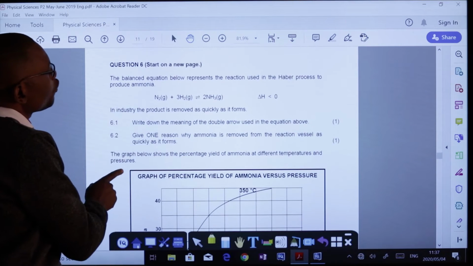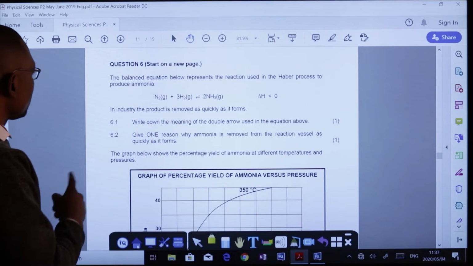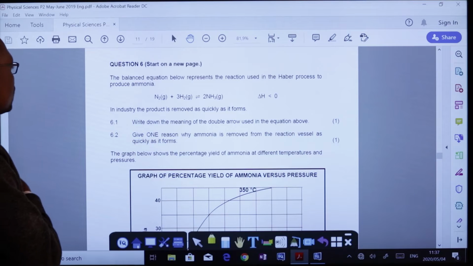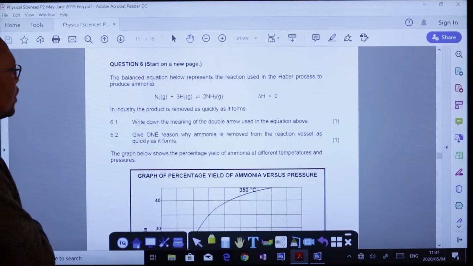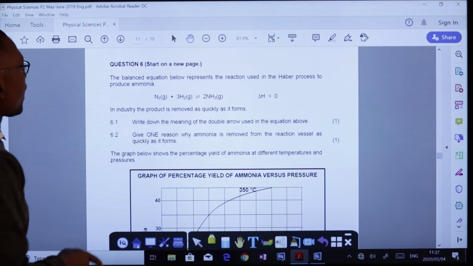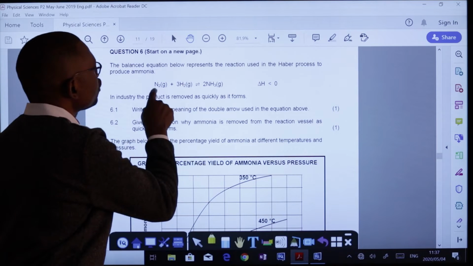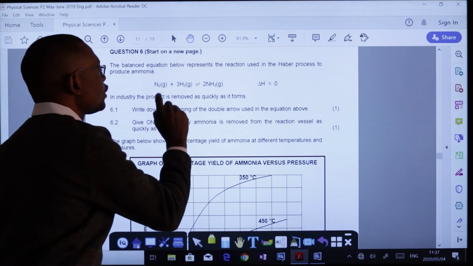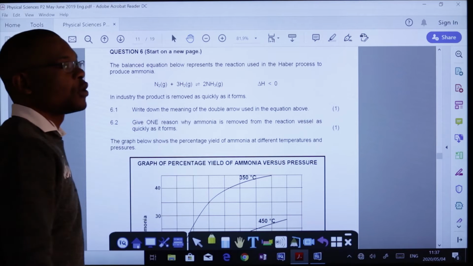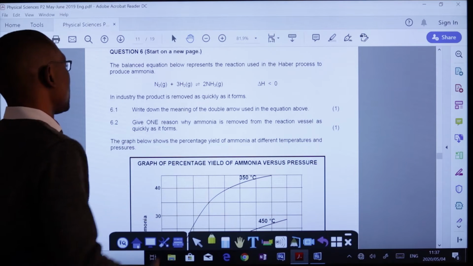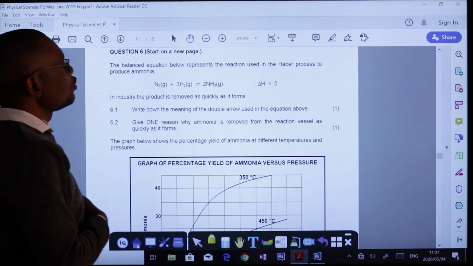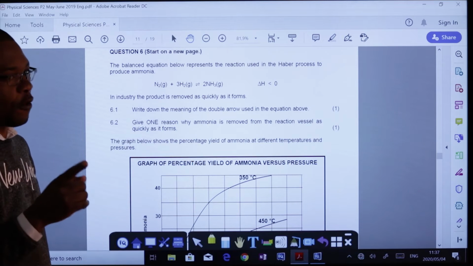Okay. So moving a little bit faster, let's quickly go on to question 6, which is going to talk about fertilizers or industrial processes. So you see that we've got the balanced equation represented as follows. We've got nitrogen reacting with hydrogen to give us ammonia gas. That's the Haber process. So in industry, the product is removed as quickly as it forms.